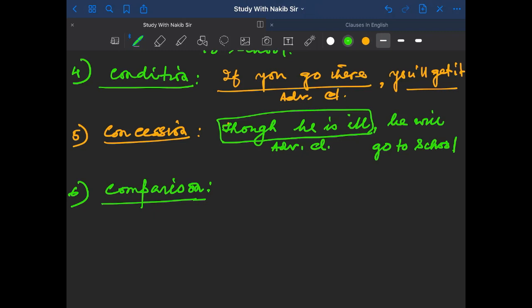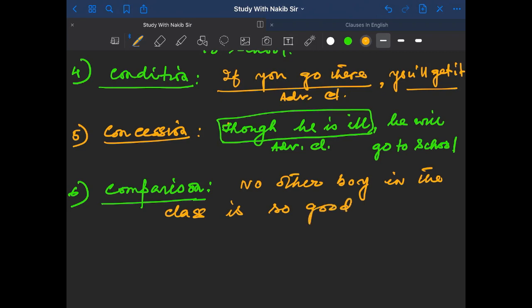No other boy in the class is so good as he, means he is. This one is a clause. This is an adverb clause. Adverb clause expressing a comparison. Okay.